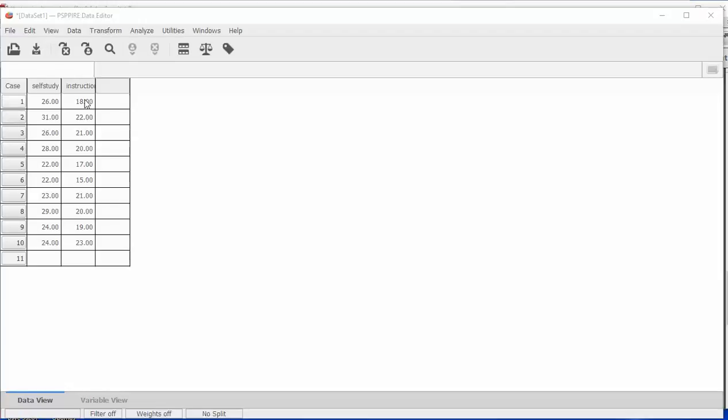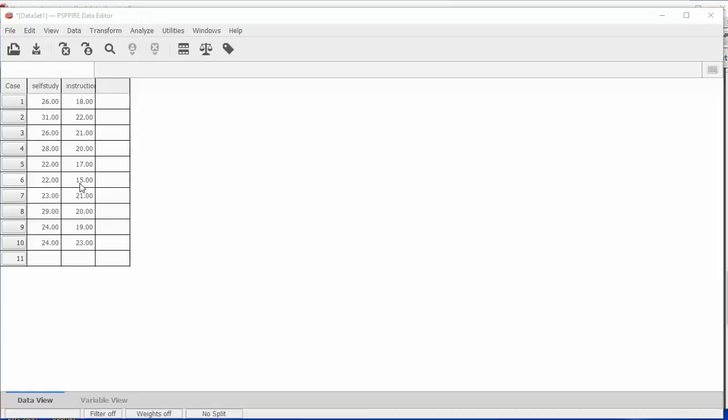In the second column, I have entered the problems that is solved following instructions given to them by the GRE instructor. So this column, the second column, is the number of GRE problems that is solved.